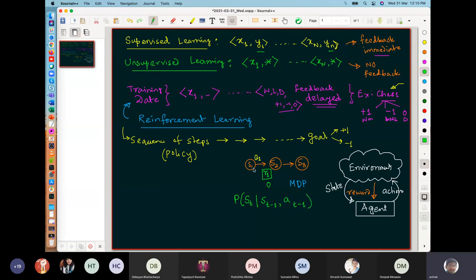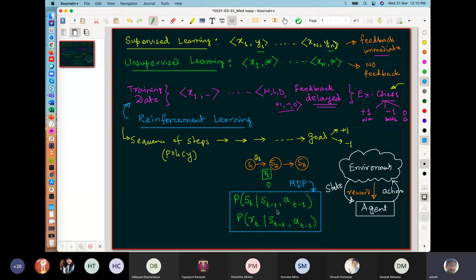Because I only care about the board position, and I only care about my next move to reach the next state in the environment. Similarly, the probability that you get a reward from that board position is also dependent on the previous state and the immediate action you have taken. This is the inherent assumption in the reinforcement learning setup that we make, our MDP assumption, that it's a Markov decision process.